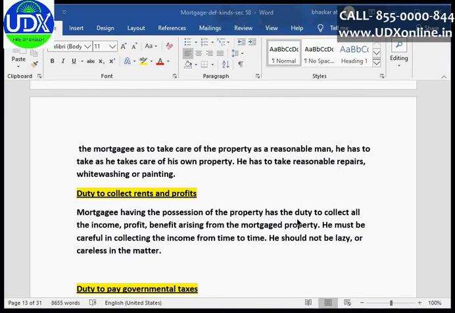Mr. A mortgaged the mall to State Bank of India for some crores.